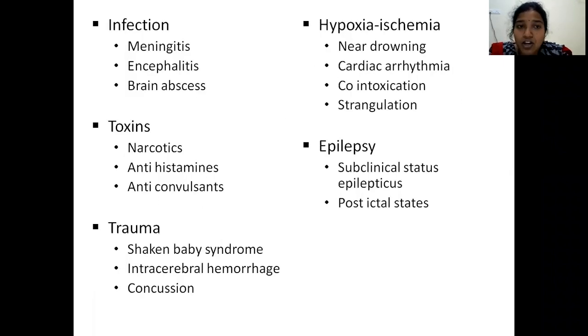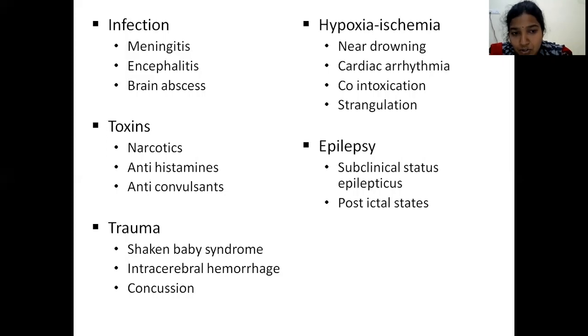So coming to the causes: infection, meningitis, encephalitis, brain abscess. Toxins: these can be narcotics, and higher doses of anticonvulsants and antihistamines. Trauma, as in cases of shaken baby syndrome.